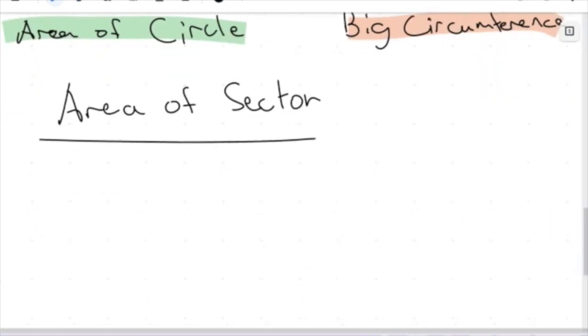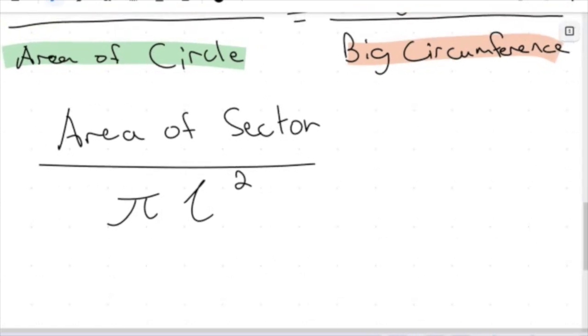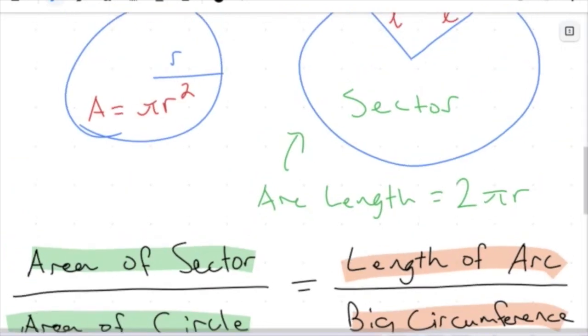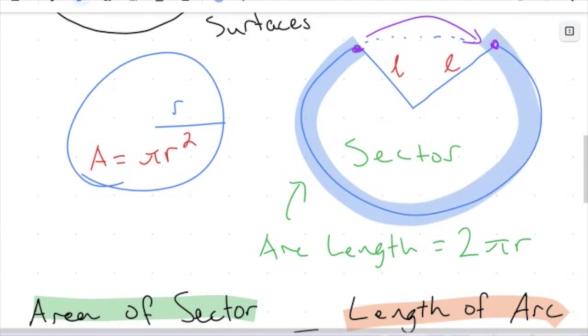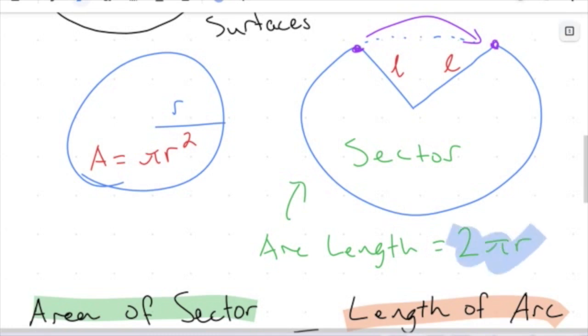So I have the area of my sector over pi times the radius all squared, and that equals the length of my arc. So remember here, my arc has to fit perfectly on my small circle. So the length of my arc is the same as the circumference of this smaller base circle, which is 2 pi r.